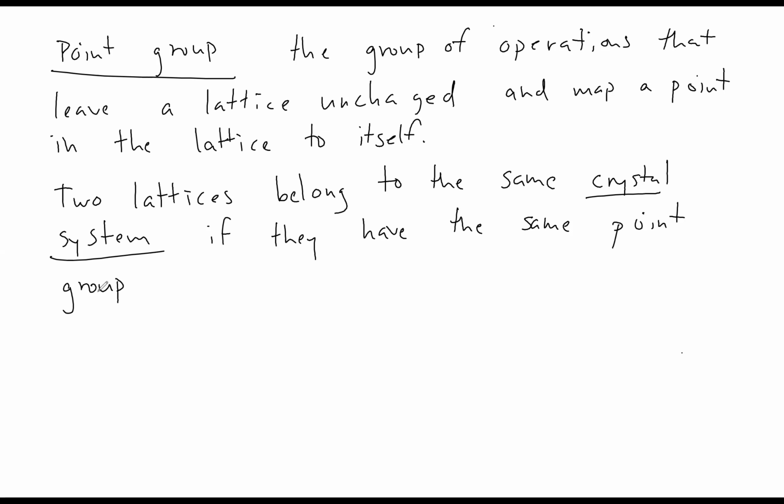They don't need to be the same lattice, but if they share the same point group, they belong to the same crystal system. Again, they don't need to have the same space group, which is the total group of symmetry operations, but they need to have the same point group. And these are how the crystal systems are determined.